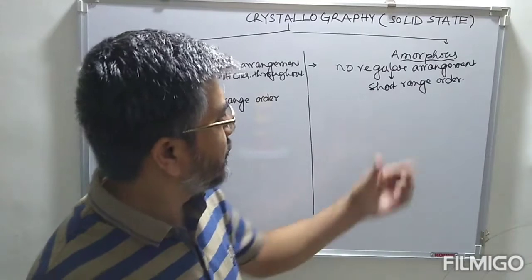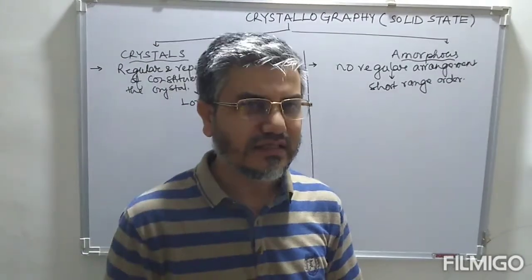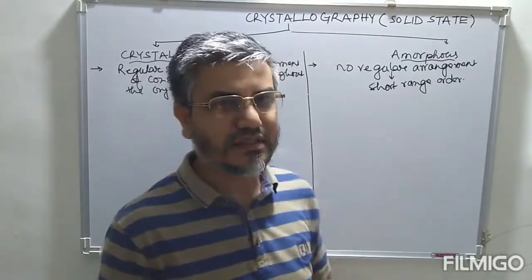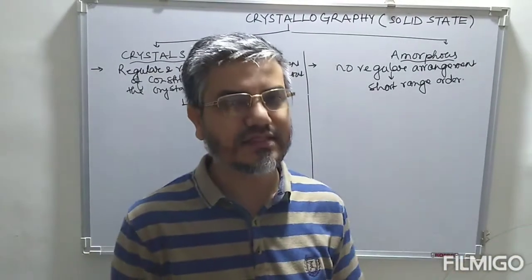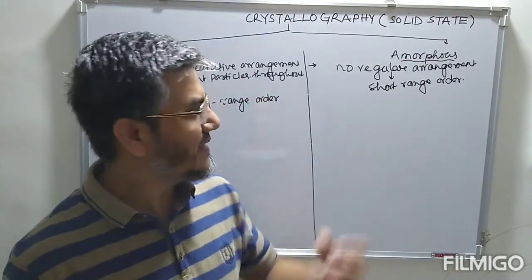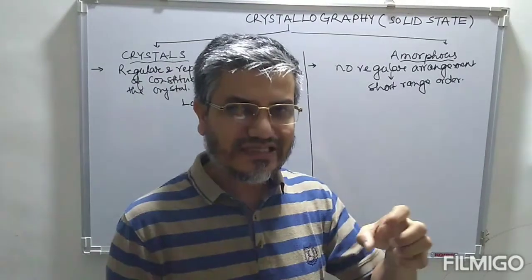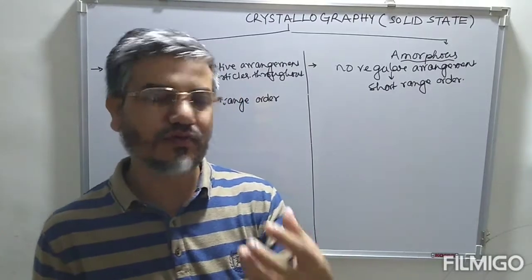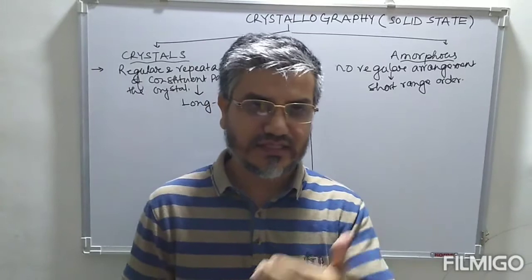Due to this short range order, there may be some regularity in the substance for a short distance. Beyond this distance, again the regularity is not observed, and this short range order causes crystallinity. Some of the molecules, components may undergo crystallization for a very short distance.